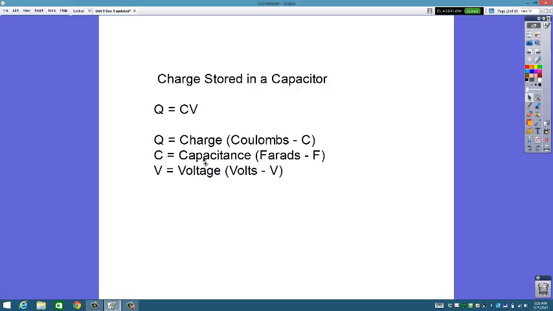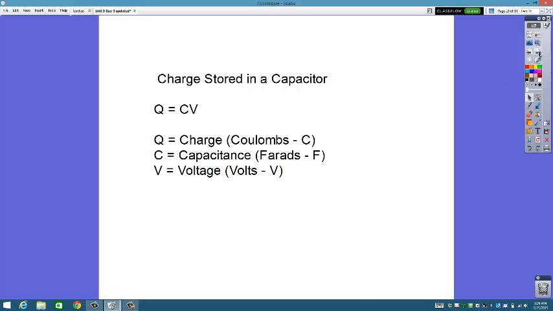Okay, so basically looking at how good your capacitor is, how much can you store on that capacitor. The unit for capacitance is measured in farads, which is represented by the letter F, capitals for all of these. And then V is going to be your voltage. So your capacitor is going to be based on whatever device is going to charge it up.